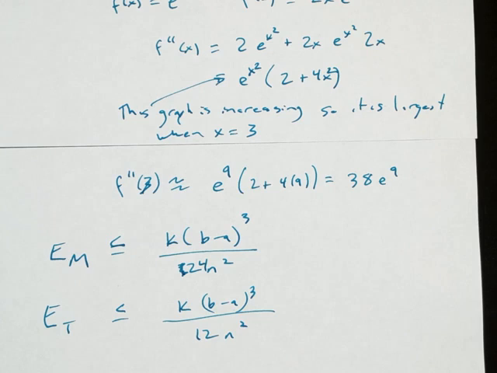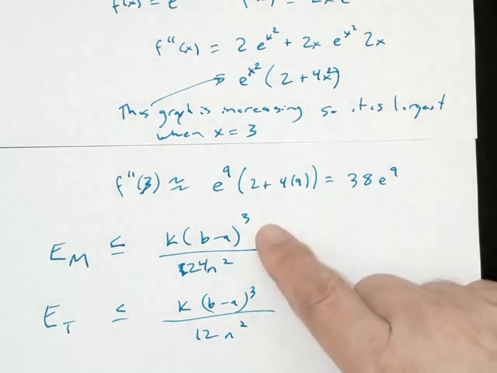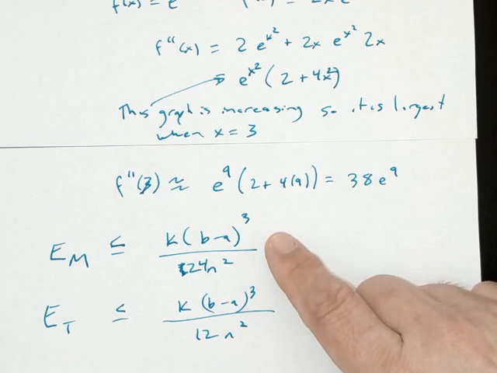The error for the midpoint rule, you take that number k that you got, you multiply it by the width of your integral cubed, and you divide by 24, and then the square of the number of rectangles. Notice that the trapezoid is less accurate than the midpoint. The error here is smaller than the error here because the denominator is bigger in this fraction.